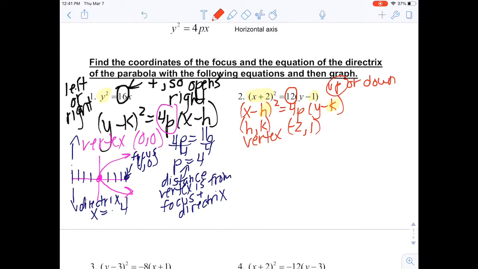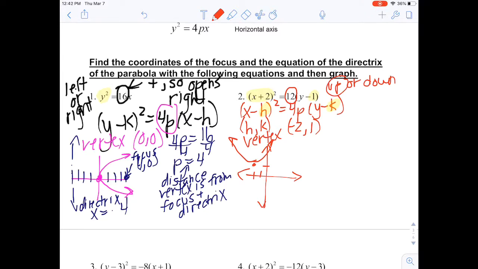Notice how there's a negative in the equation already, that minus h, so it had to have been a -2 that was subbed in there. All right, now I'm going to make my little sketch. My vertex is (-2, 1). Here's my vertex. I know I'm opening upwards, so I'm just going to sketch it going upwards.